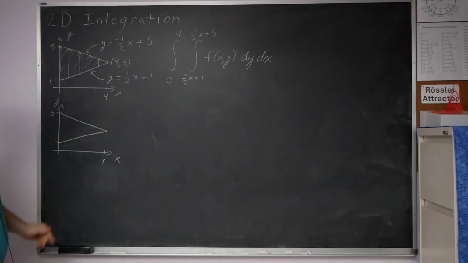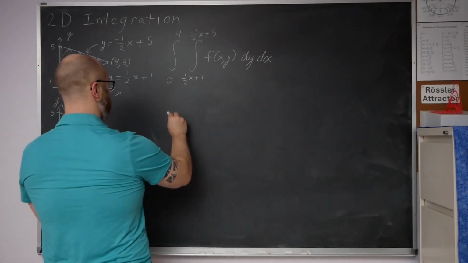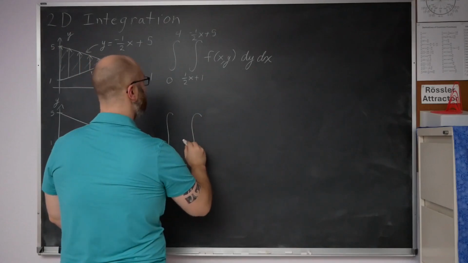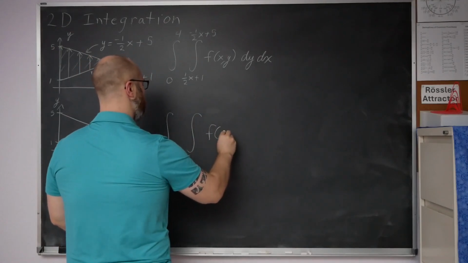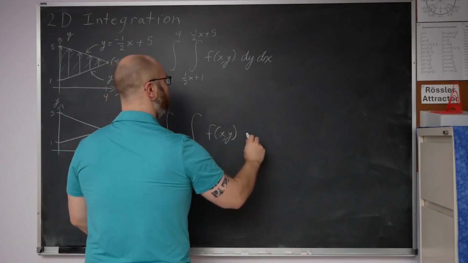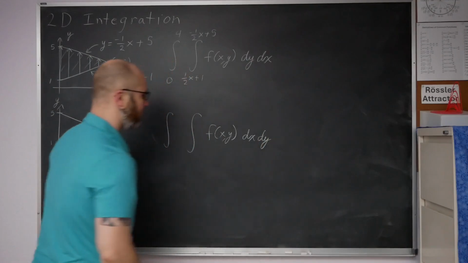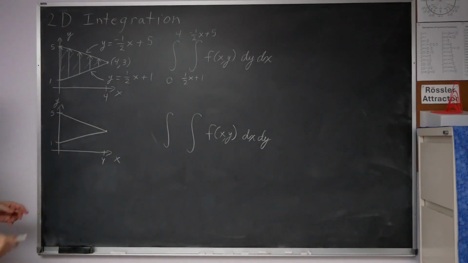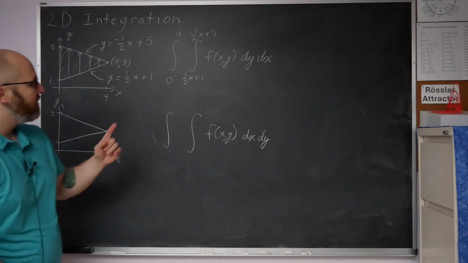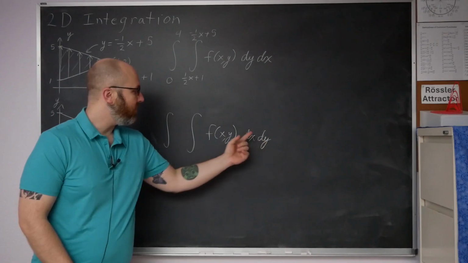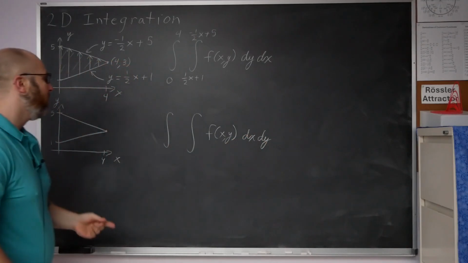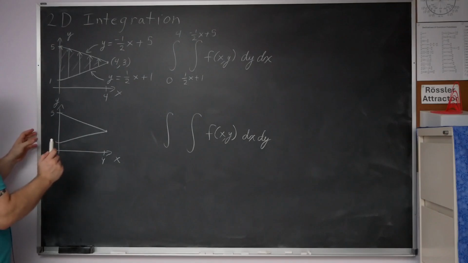So the integral, I still have my f of x comma y. Now I want to do dx dy. In that case, I need to figure out, based on what y is, the bounds on x. And here we'll have a little hiccup.